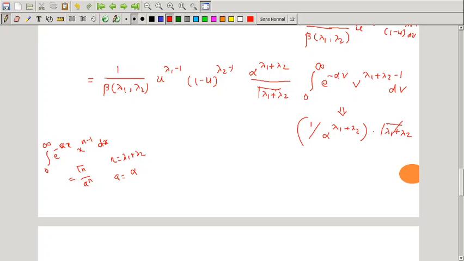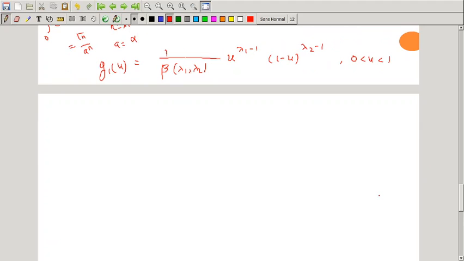So these get cancelled with this, and we get only the terms 1 upon beta lambda 1, lambda 2, u raised to lambda 1 minus 1, 1 minus u raised to lambda 2 minus 1, where u lies between 0 and 1.